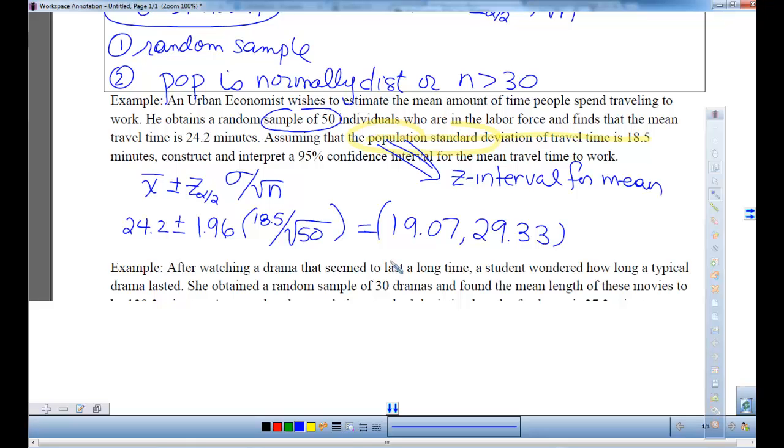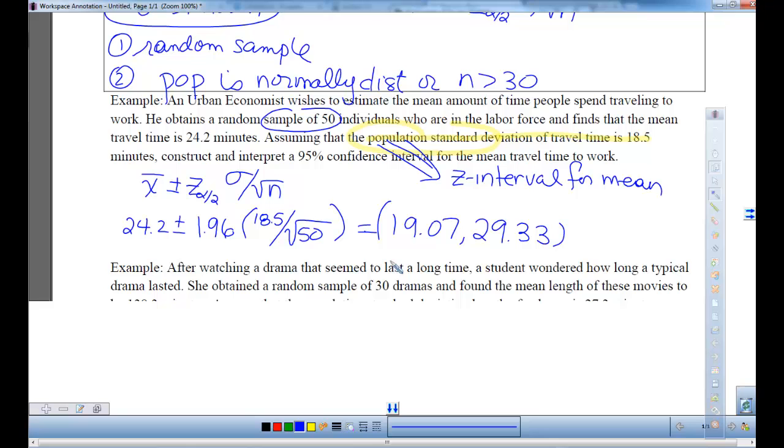How would we interpret this? What was this problem about? The amount of time people spend traveling to work. So our 95% confidence interval estimate for the mean time that people spend traveling to work is between 19 minutes and 29.3 minutes.